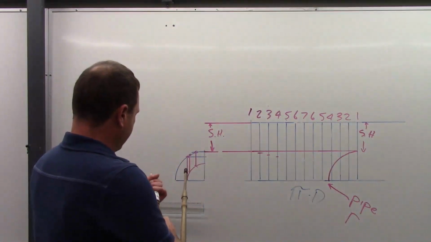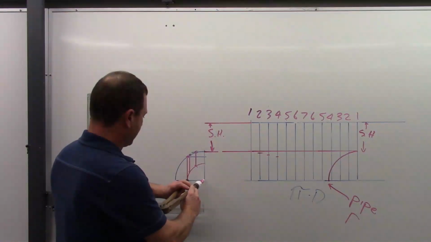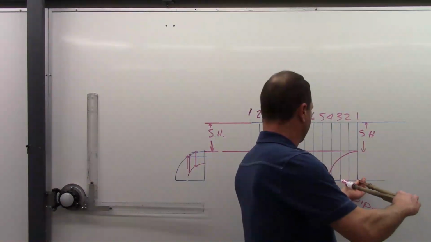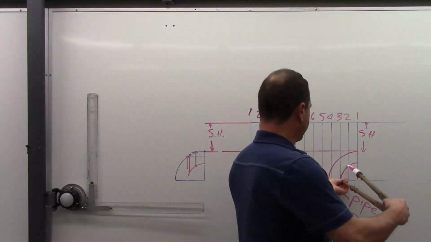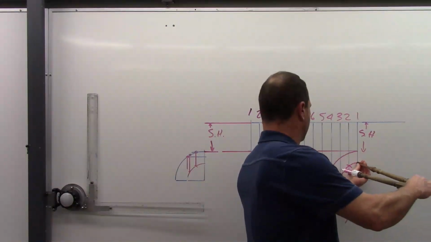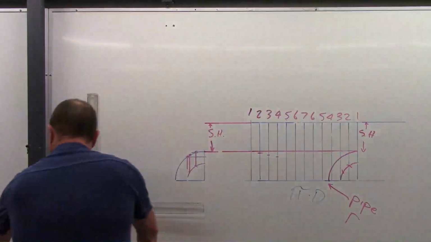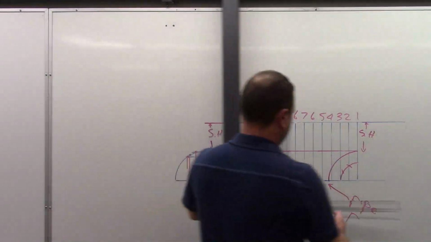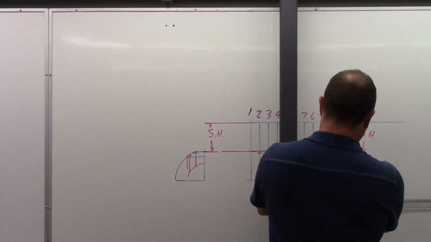And let's also take our T radius and put it in and divide the T. We're always dividing the T. And bring our points up to where they hit the pipe.